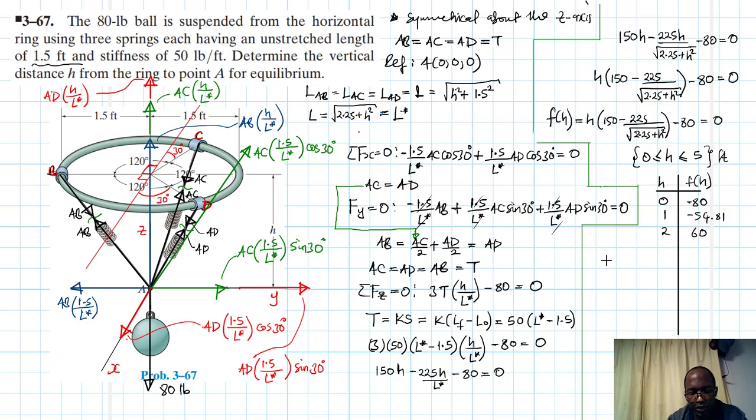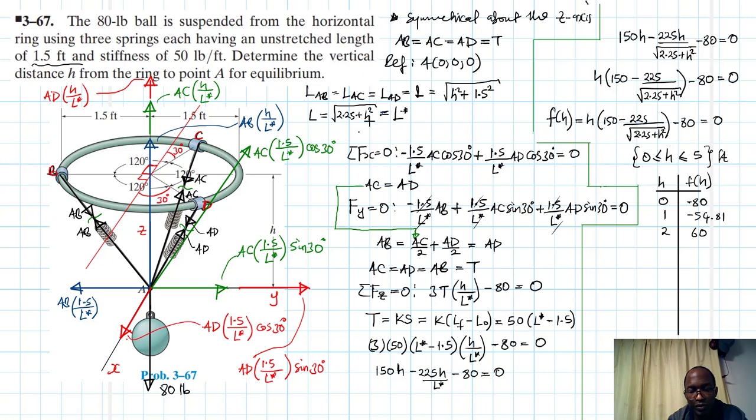Alright, let me repeat this. 2.25 plus 4, square root of that, 225 divided by answer, plus 150 times 2 minus 80. Okay, we have a 40.